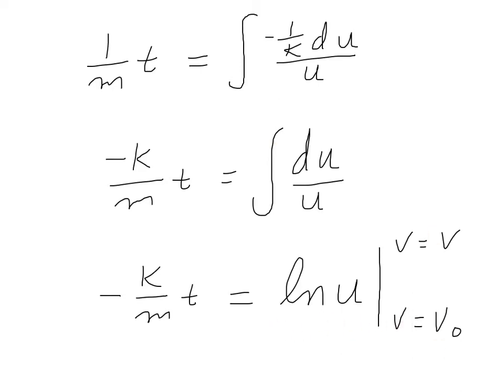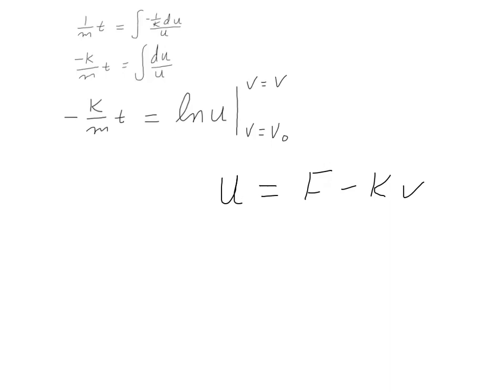I still have my limits of integration from before. Here's what I had before: the natural log of u. I'm going to plug in my limits of integration. Remember I originally said u equals f minus kv, so I'm going to put that back into the natural log.